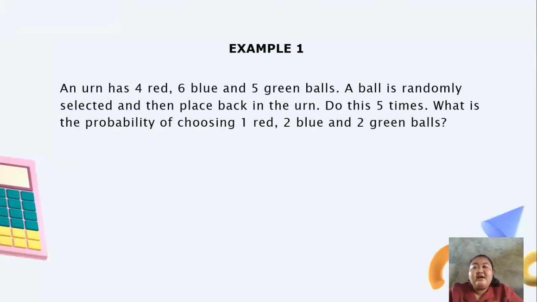Example 1. A bag has 4 red, 6 blue and 5 green balls. A ball is randomly selected and then placed back in the bag. Do this 5 times. What is the probability of getting 1 red, 2 blue and 2 green balls?